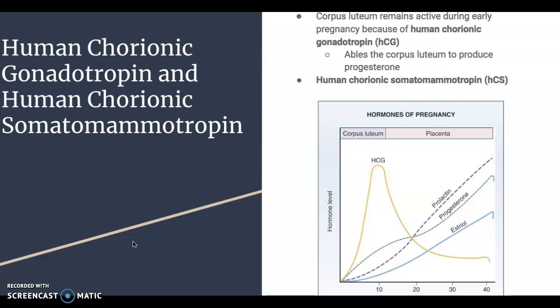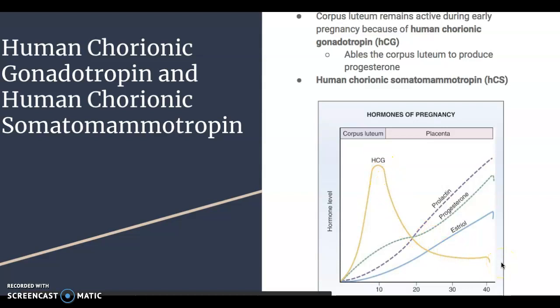The picture I chose here does a really good job showing the development of HCG, prolactin, and progesterone throughout pregnancy. It's very obvious here that the HCG levels are highest when the corpus luteum is intact, and then when the placenta starts producing its own progesterone, we see the progesterone levels continue to rise, but HCG levels diminish simultaneously.